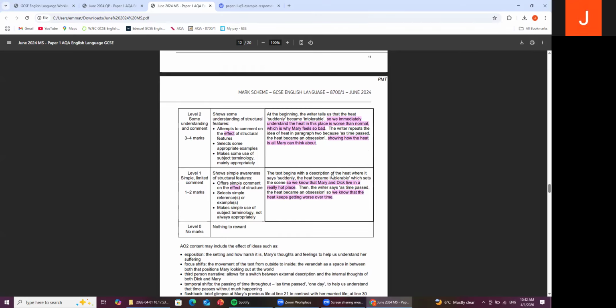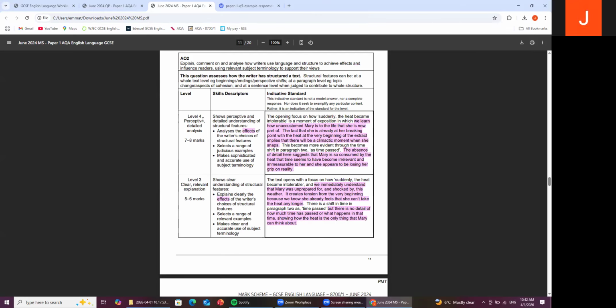But for our level 3s and our level 4s, I will just focus on level 4 for this exemplar. We're again looking for a student who shows perceptive and detailed understanding of structural features. So it's really crucial that you remember that you're focusing on structure, you're not focusing on language. It's a frustration, but more, I feel a sense of sadness for students when I see them in exams because they have just solely focused on language in question 3.